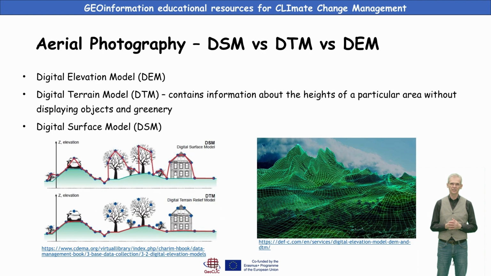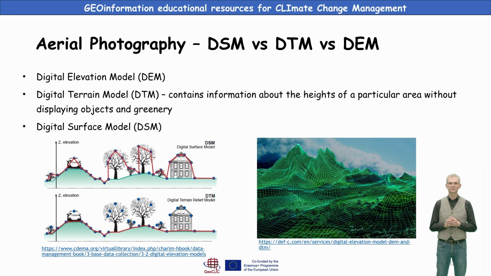A digital elevation model is a digital model of three-dimensional representation of a terrain surface created from elevation data. And the digital surface model is a digital elevation model of the shape of the surface, including vegetation and infrastructure.